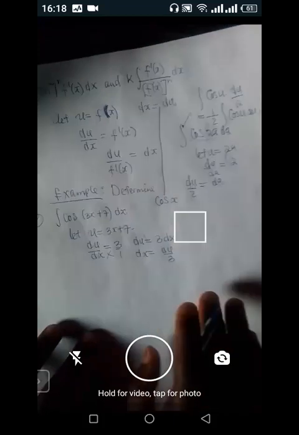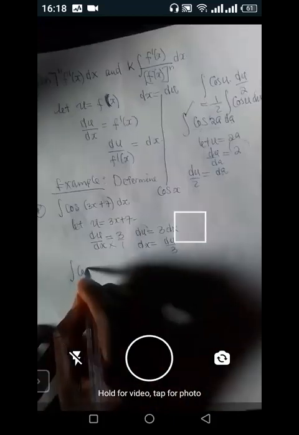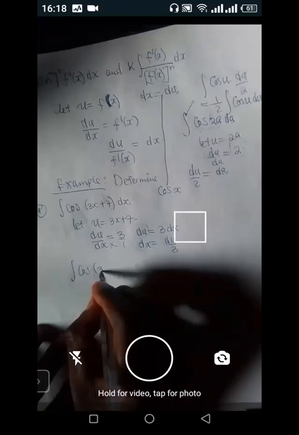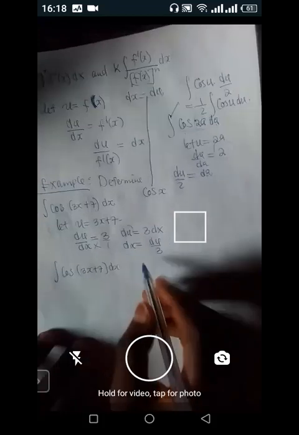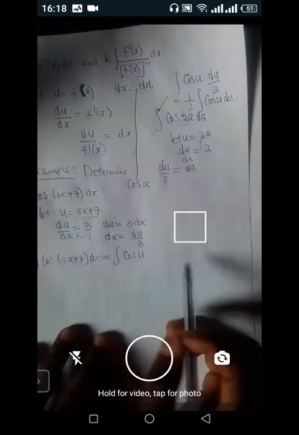So this integral, cos 3x plus 7 dx, is going to be equal to the integral of cos u, with the change in variable, and dx is du over 3. You can pull out the 1 over 3, so we have 1 over 3 times the integral of cos u du.